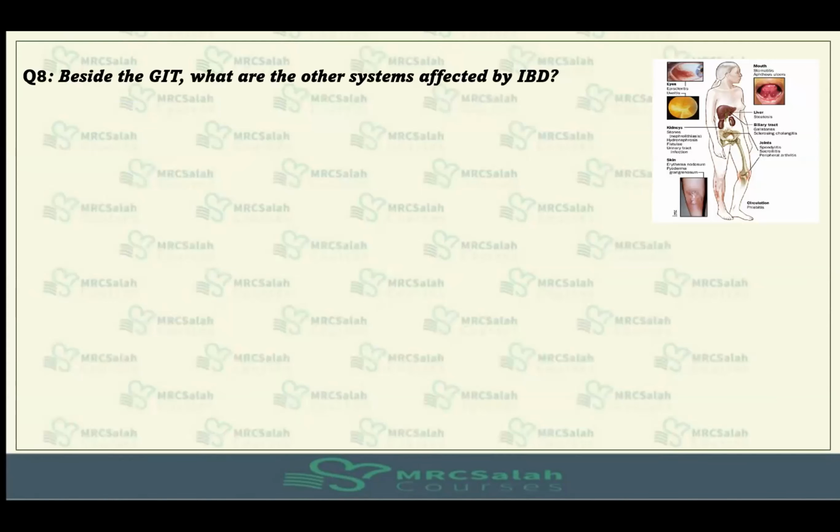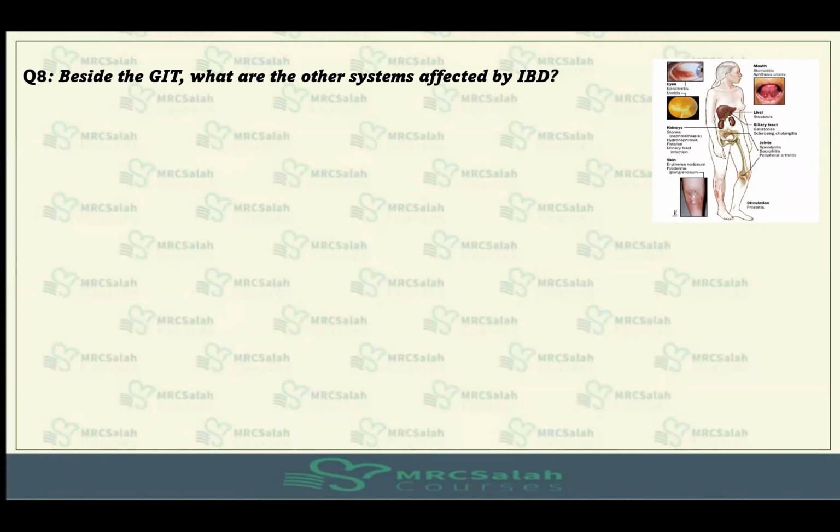Besides the GIT manifestations, what are the other systems that could be affected by inflammatory bowel diseases in general? Generally, other systems that could be affected, like the joints, having seronegative arthropathy. The kidneys, they can develop calculi or stones. The liver can have cirrhosis or cholangiocarcinoma.